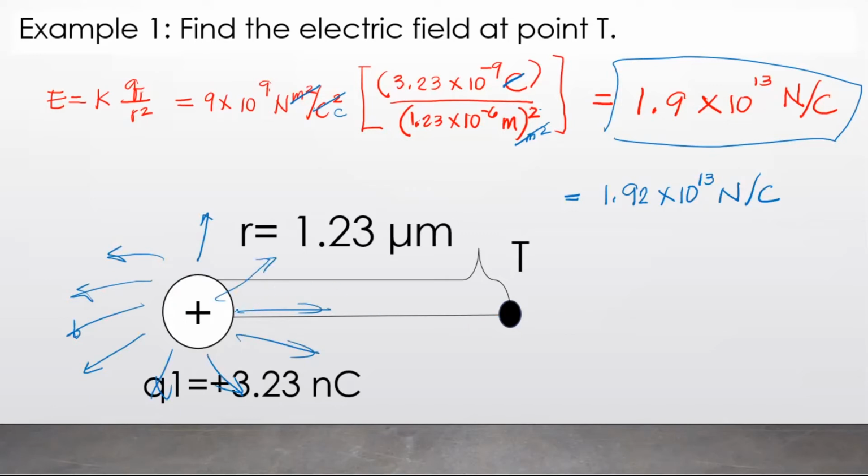If this is the point charge, this is the test charge. Looking at where the arrow goes at the test charge, is it to the left or to the right? From the arrow, the direction is to the right. Therefore, it's 1.92 times 10 raised to 13 newton per coulomb to the right.